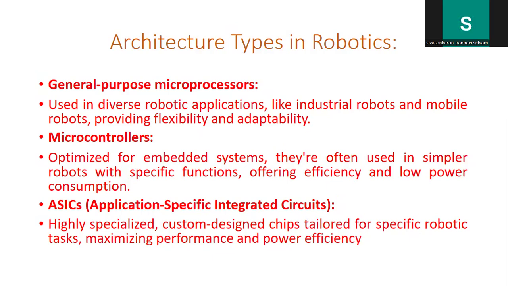They are often used in simple robots with specific functions with better efficiency and low power consumption. Application-specific integrated circuits are highly specialized custom designed chips tailored for specific robotic tasks, which maximize the performance and also the power efficiency.